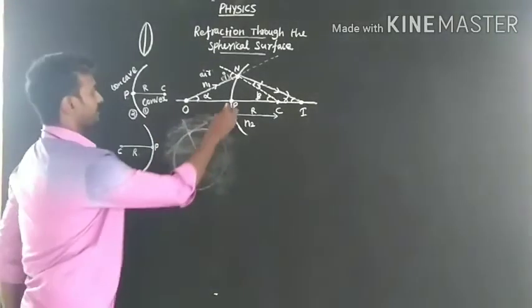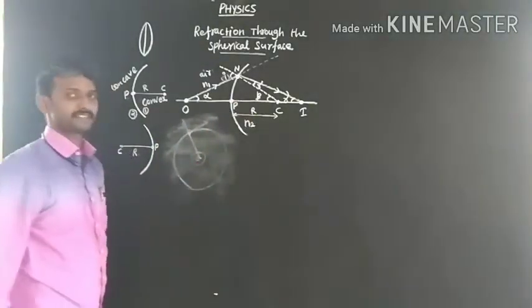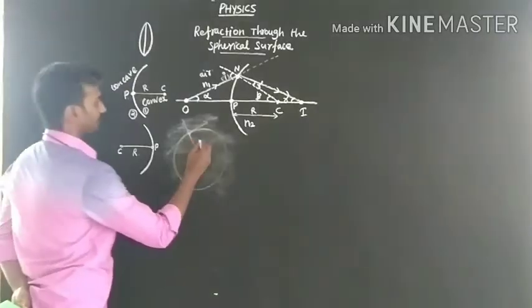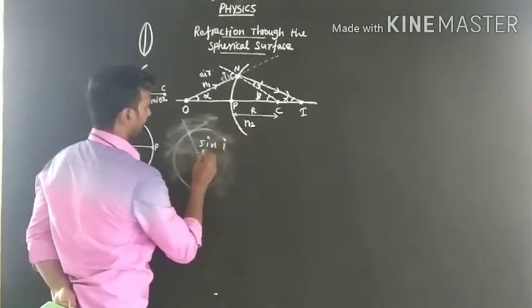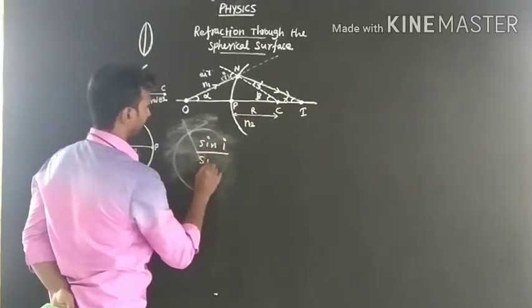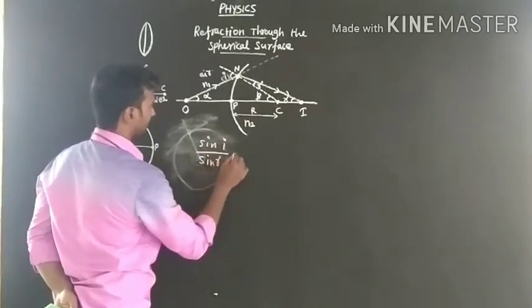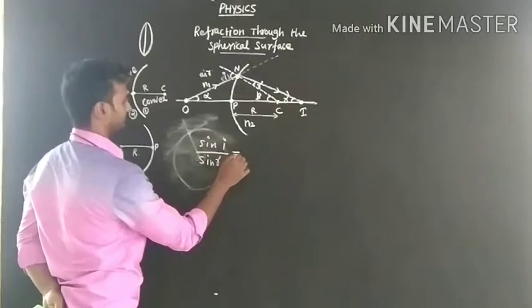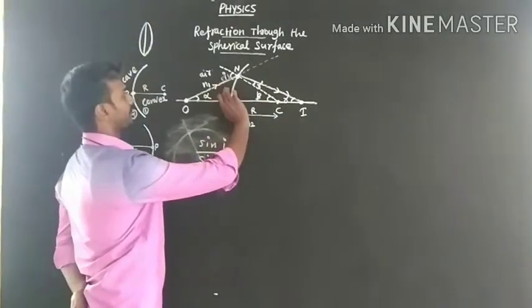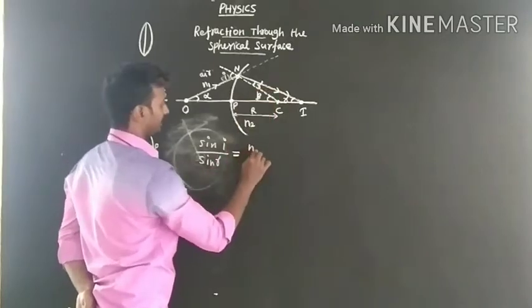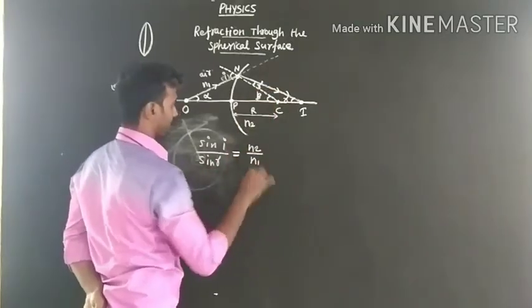Okay, now come to the point. According to Snell's law, sine I divided by sine R is equal to the refractive index of the second medium N2 divided by N1.